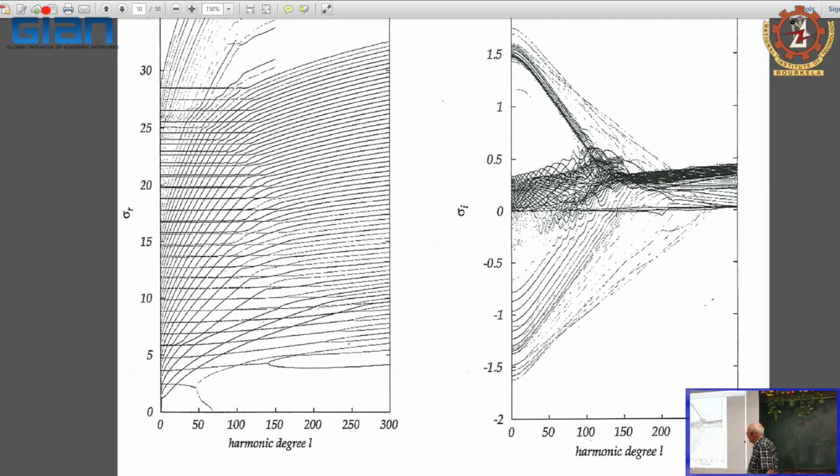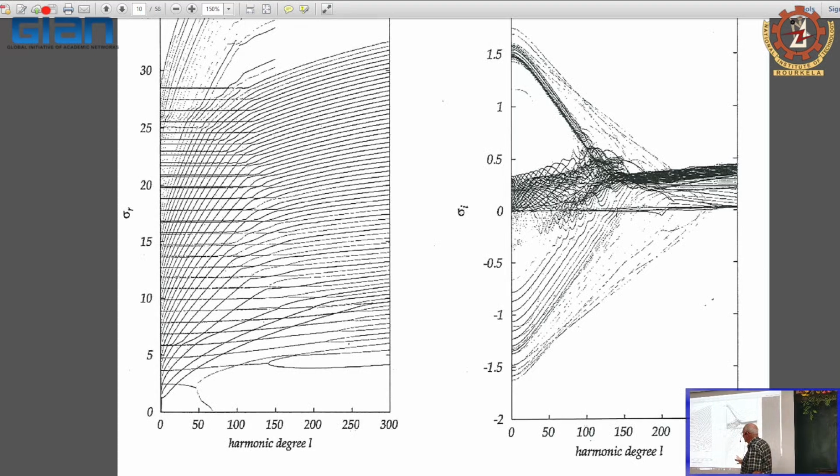We see some modes merge, but in between these modes, which merge below some critical value of the harmonic degree, there are modes which remain damped and unpaired. They also decrease with harmonic degree, and ultimately, if we go to L equals 0, they form the spectrum of normal modes.